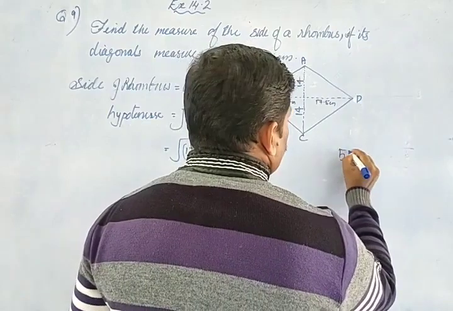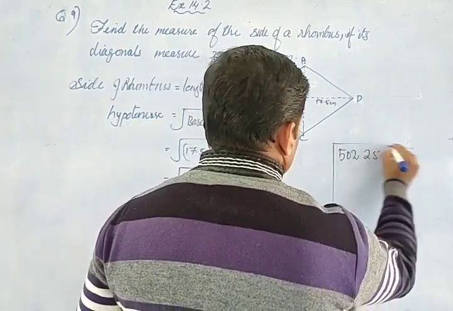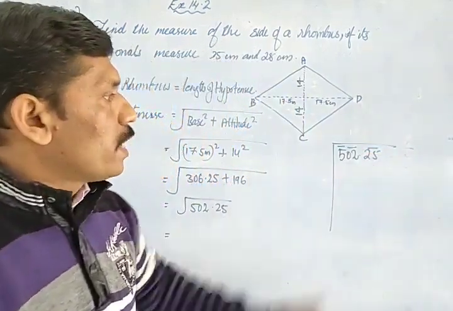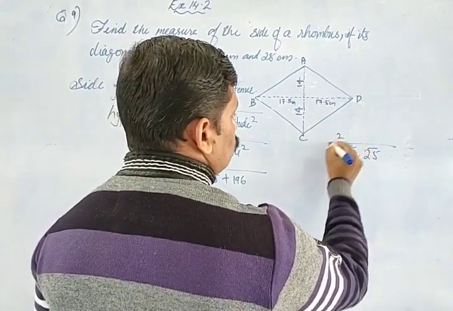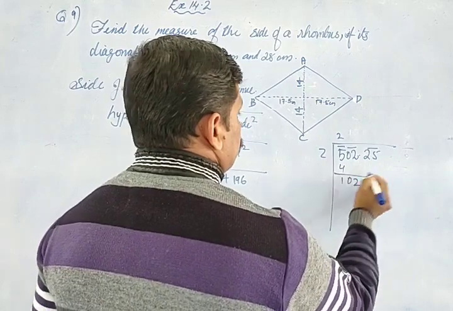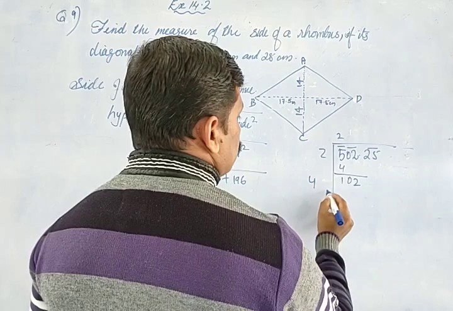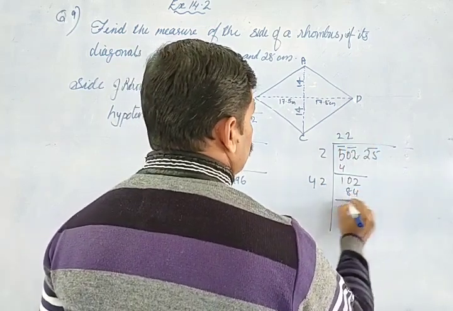How to find out the root? By the long division method, we find out the root of 502. The perfect square less than or equal to 5 is 2. 2 2s are 4. Then double of this. Again 2 times 84.